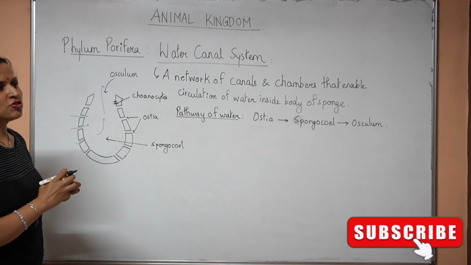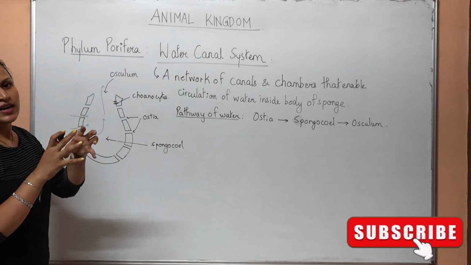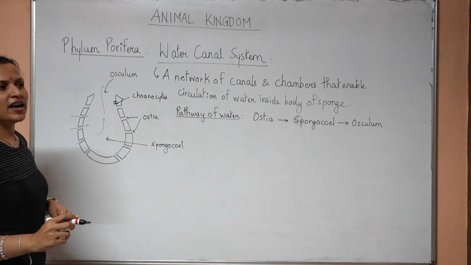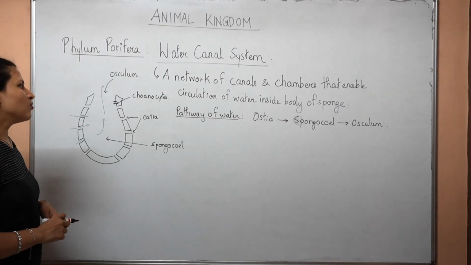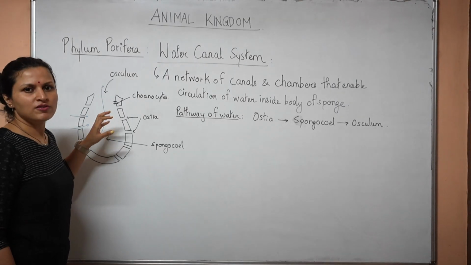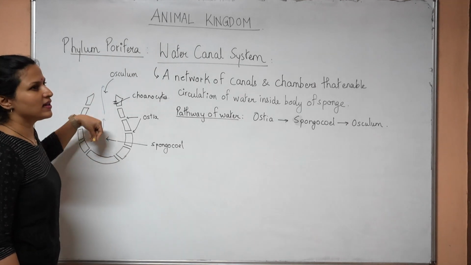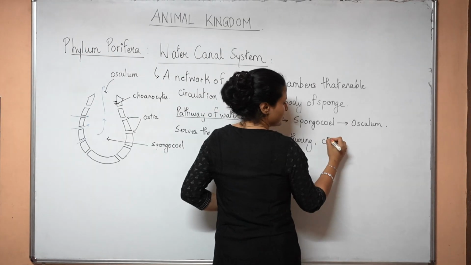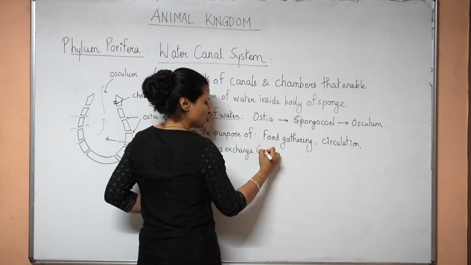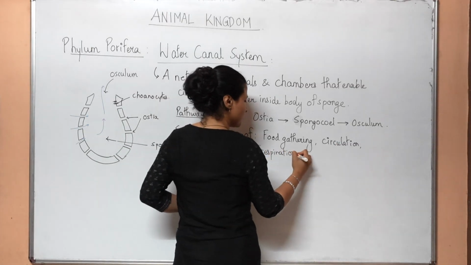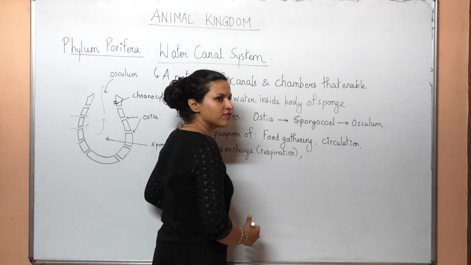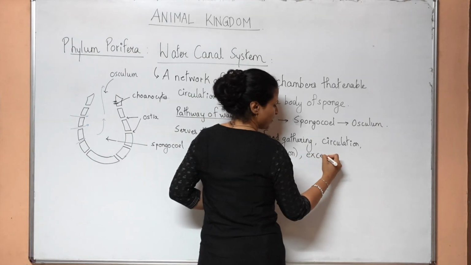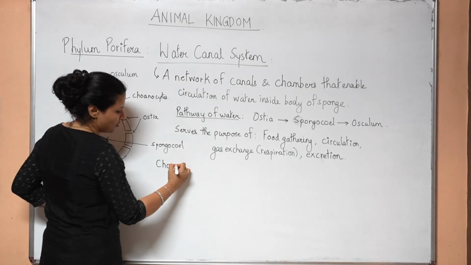They will filter out food particles within their microvilli projections, and they will phagocytose them. The flagella that they have will help in creating a water current. The water that is then left over will be free of the food particles, and then it will be expelled out. It serves the purpose of food gathering, then circulation, gas exchange or respiration. It also serves the purpose of elimination of wastes gathered into these cells. It will serve the purpose of excretion as well.